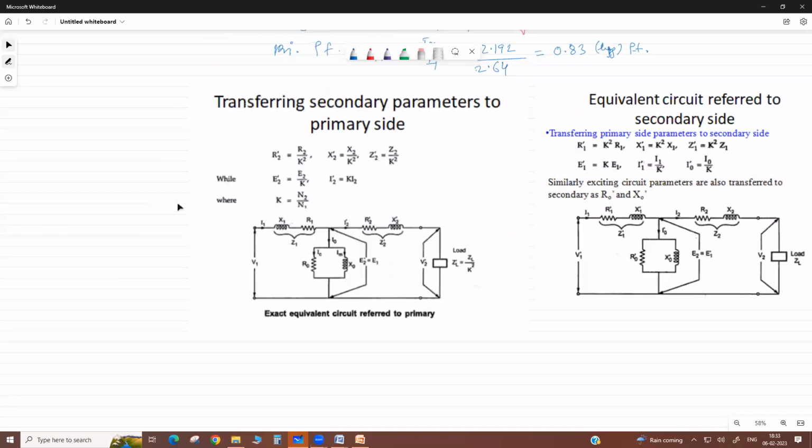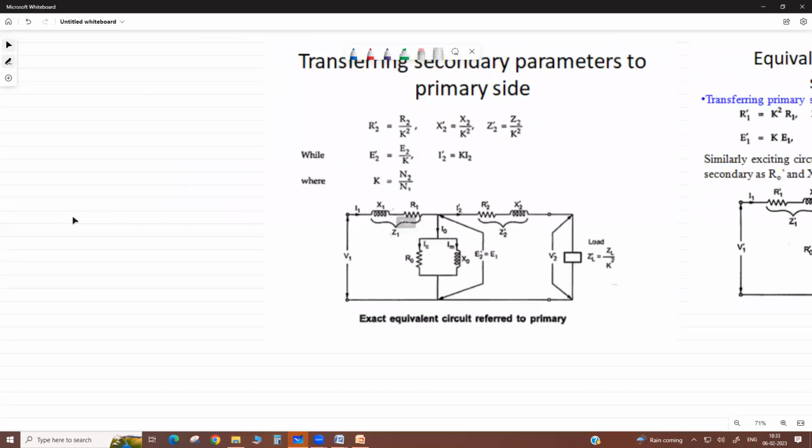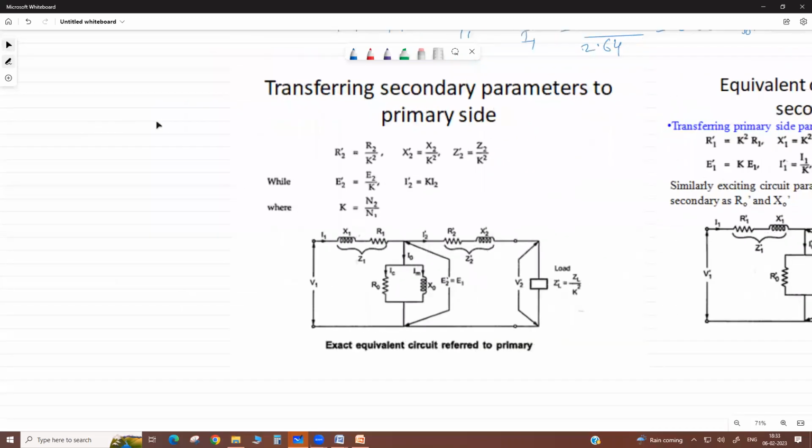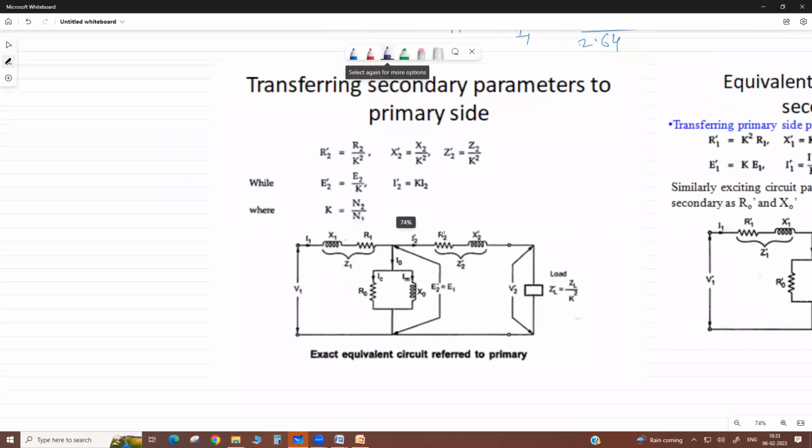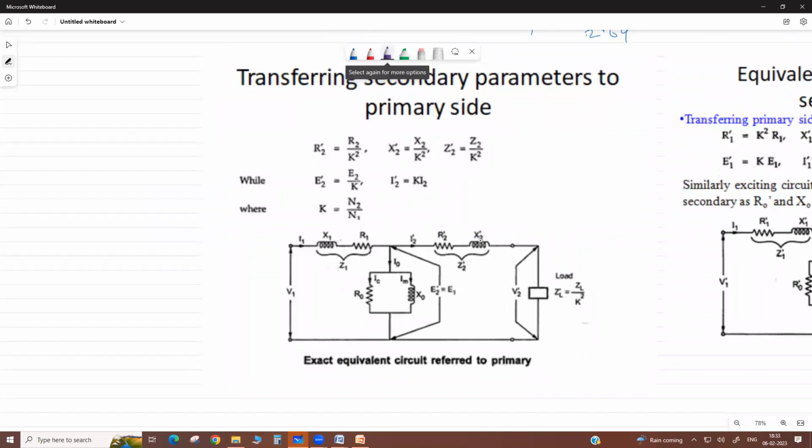See here. Now, how do we transfer the parameters? Suppose we transfer these parameters as referred to primary side, means this secondary circuit parameter we transfer to the primary side. So this is your, as referred to primary side, the resistance R2 dash and this X2 dash. Now E2 dash equals E1.